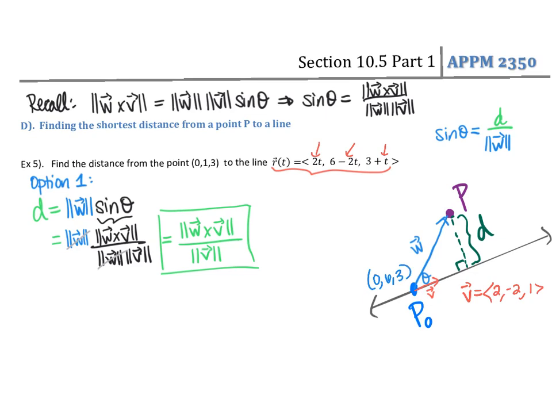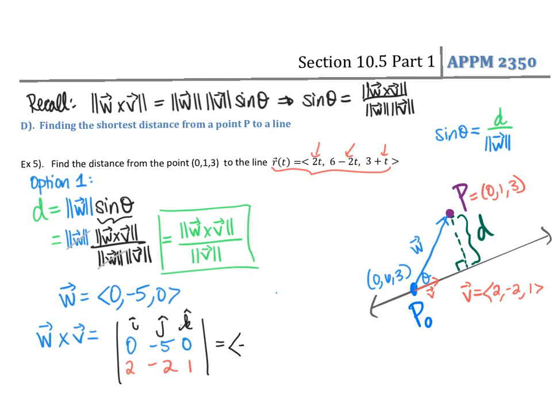Okay, so based on these 2 data points, my w is going to be, we already know p. P is given to us in the problem as 0, 1, 3. So that means w, which is p0p, is going to be the vector 0 minus 0 is just 0, 1 minus 6 is -5, 3 minus 3 is just 0. Okay, so now let's take the cross product with w and v.